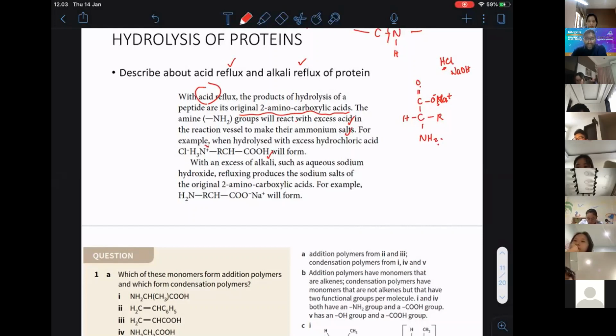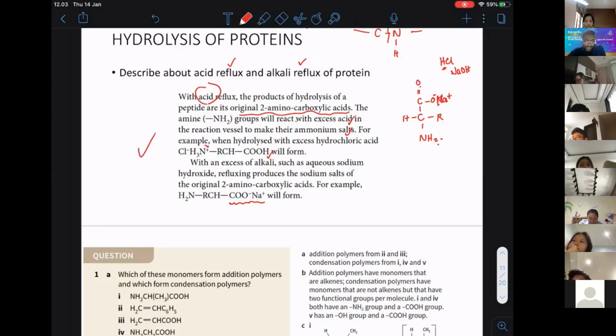With excess alkali, the NaOH, you are going to get this one because the carboxylic acid group will further react with the NaOH to give you this salt.